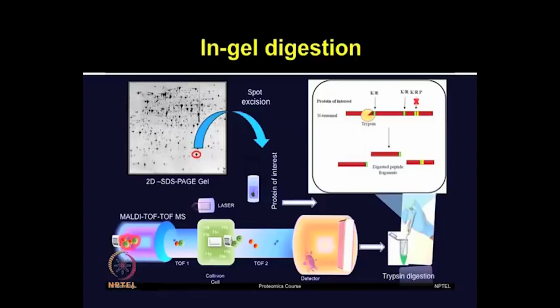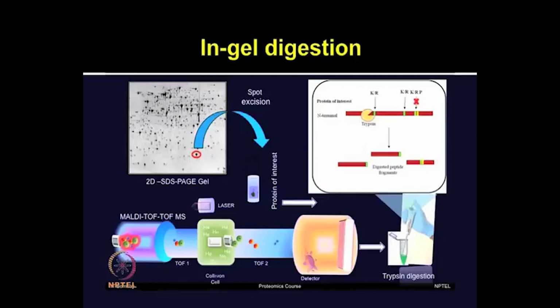In-gel digestion is a multi-step procedure which includes spot selection, spot excision, removal of the stain, reduction, alkylation, proteolytic cleavage, as well as peptide extraction. So, there are multiple steps involved, and how good your in-gel digestion is will ensure the success of the spectrum generated from the mass spec.